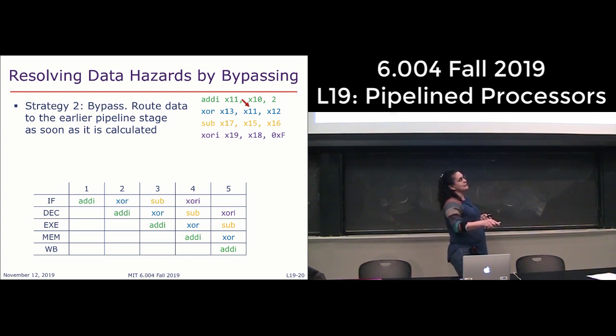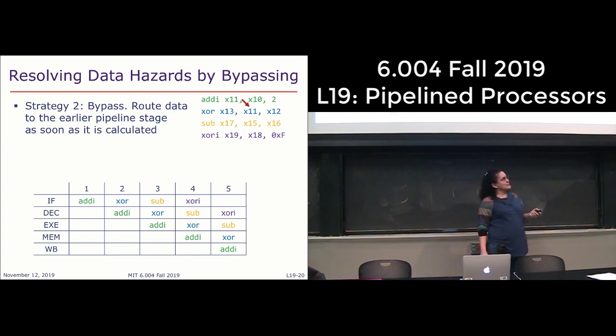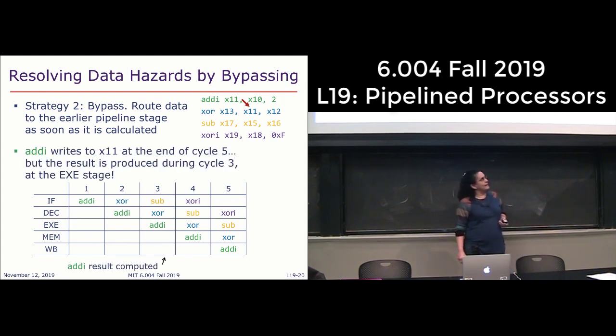Okay, so I actually could look at the updated value that the add-I produced as early as the end of cycle 3. If I use that information, then I can add an extra path in my processor, which is called a bypass path. What am I doing here? I'm basically saying, for the XOR, when it wants to read register X11, instead of getting it from the register file, it's going to get it from this special bypass path that I just added to my pipelined processor.